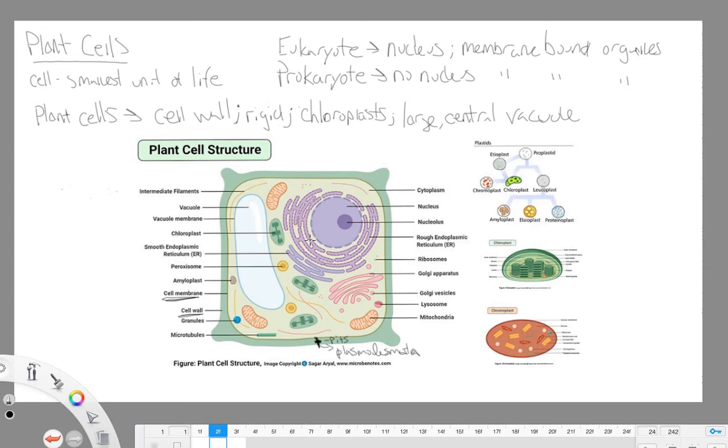And then I started talking about a series of organelles that are all involved in gene expression and protein synthesis. And I said those organelles were our nucleus, nucleolus in a sense, ribosomes, endoplasmic reticulum, and Golgi apparatus.